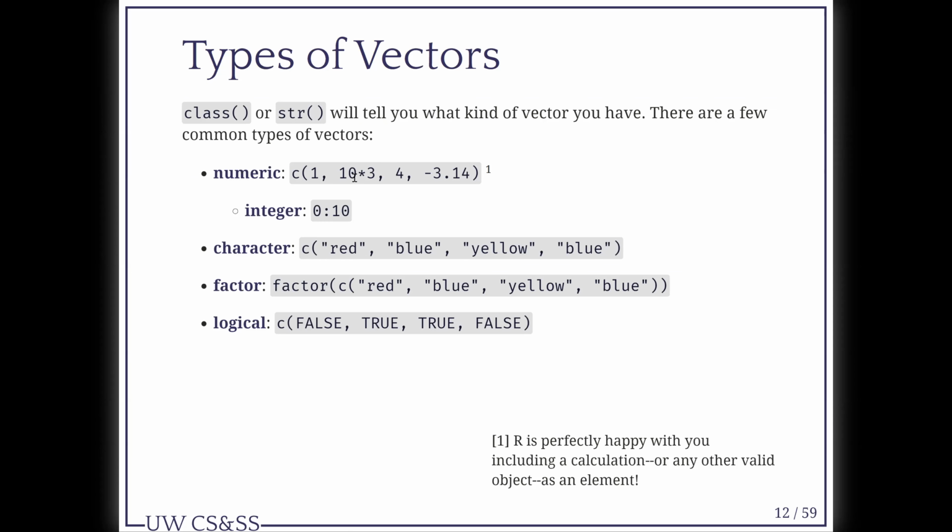The interesting thing about that is if you make X equal to 10 times 3, and then you put X in a numeric vector and assign it to something, the numeric vector will have the result of that calculation. If you go and change X after that, it will not change in the vector that you created. Yeah, it's not a pointer.